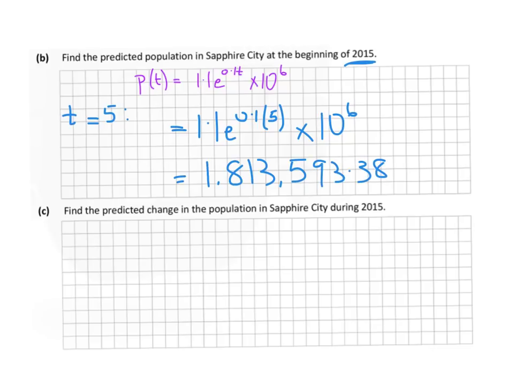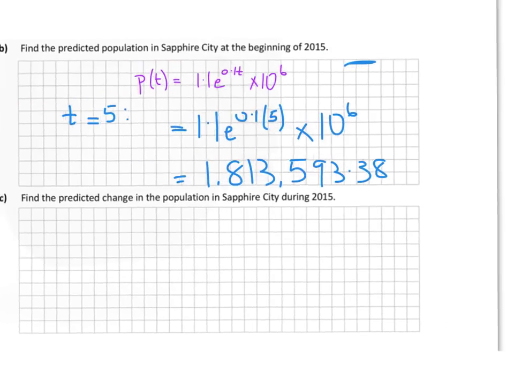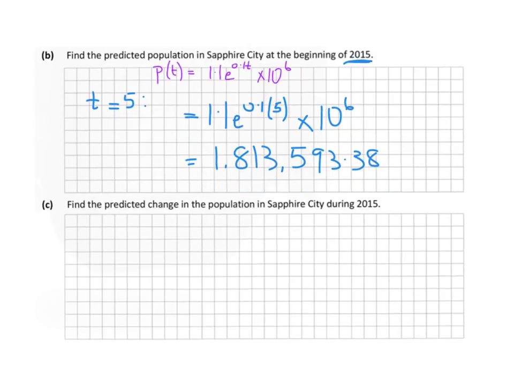Now obviously I can't have 0.38 of a person, so I'm going to round down, and that gives me an answer equal to 1,813,593 people. So that's at the beginning of 2015.